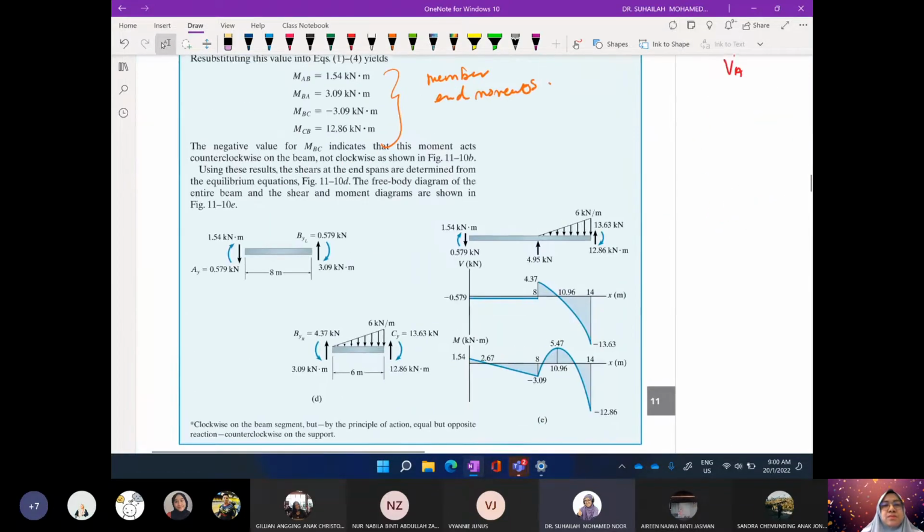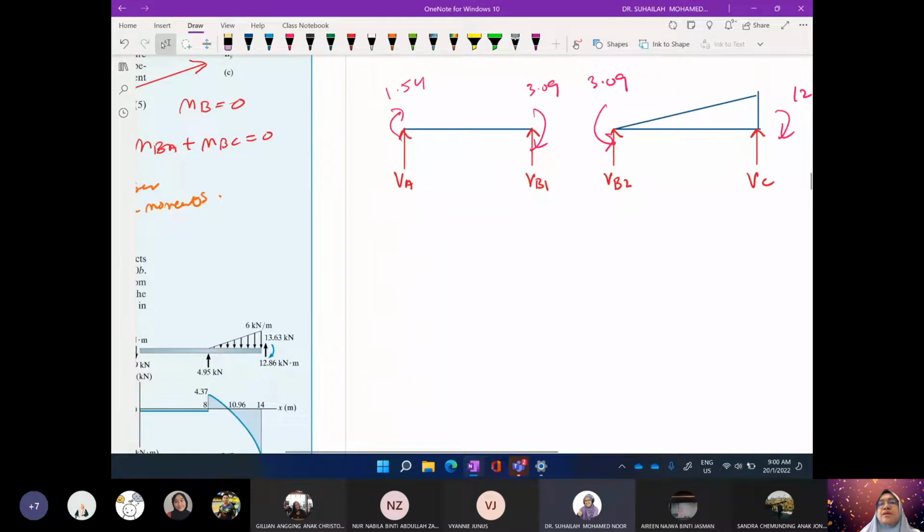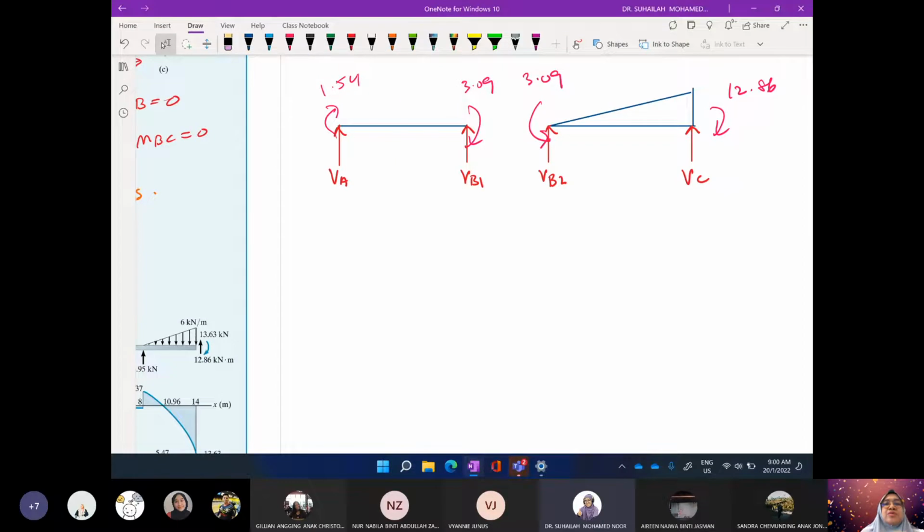So using static equilibrium, actually we can calculate the VA and VB value. Static equilibrium means we just need to analyze this like we analyze a simply supported beam.